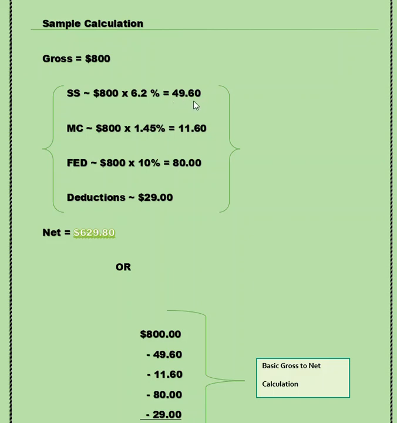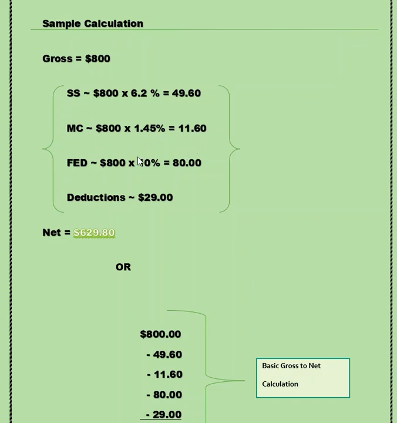This is the amount that you would be responsible for paying based on 6.2% of your $800 gross wage. For the Medicare tax, that's going to be $11.60. And that is the rate we saw earlier of 1.45% times $800. And again, the Medicare tax would be $11.60.